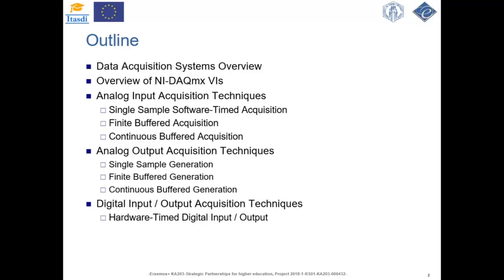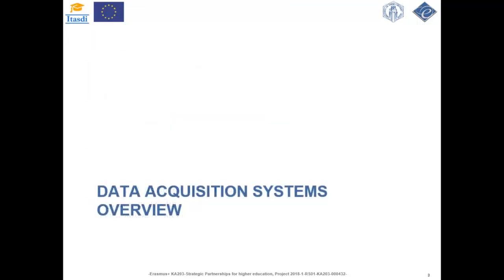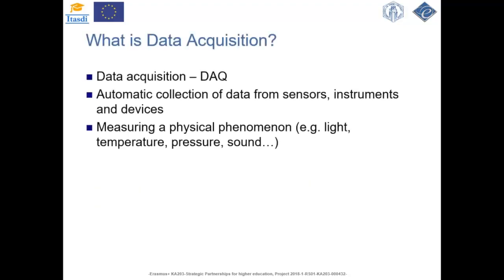So the first part of this presentation will serve as an introductory part, and I will give a brief introduction and overview on what data acquisition is and what data acquisition systems represent and are made up of. So what is data acquisition?